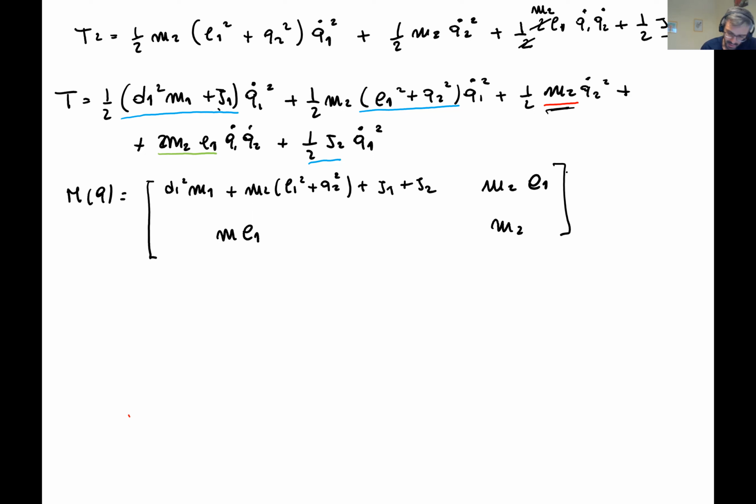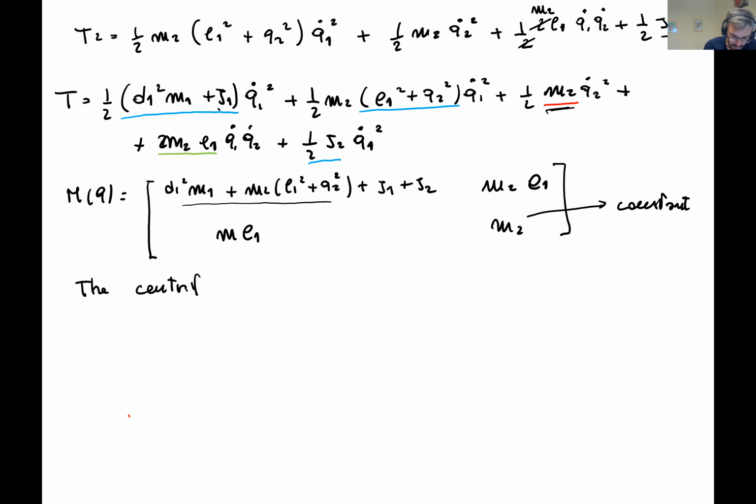And notice that this term is constant because the last link of the manipulator is not dependent on the configuration. And we also have no dependency on the Q1 variable because Q1 will vary depending on the choice of the reference system that we choose, and so it will not affect the inertia. The inertia should not be changing because of the choice of the reference system, because it's an intrinsic property of the robot.